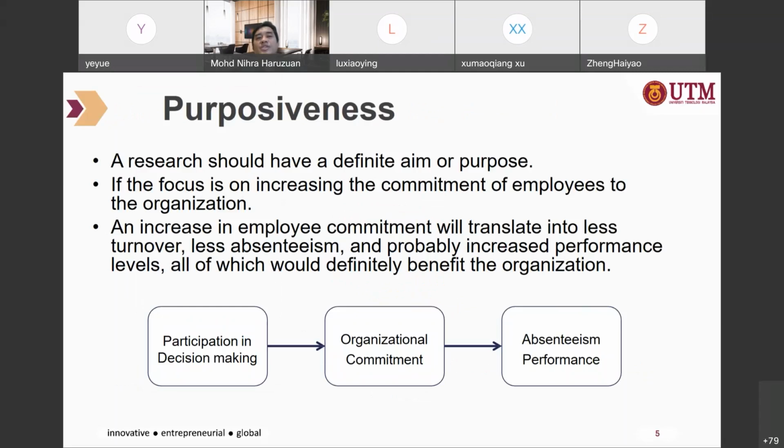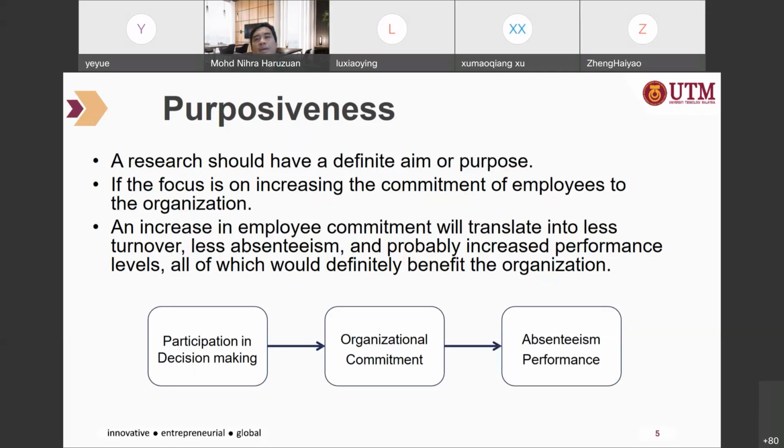Purposiveness means research should have a definite aim or purpose. You must have aims. Why are you doing this research? For example, if the focus is on increasing the commitment of employees to the organization, this is the purpose. An increase in employee commitment will translate into less turnover, less absenteeism, and probably increased performance level, which would benefit the organization.